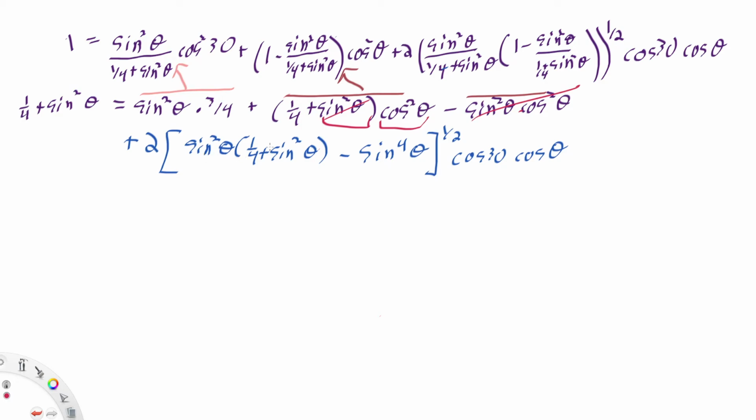And then let's work on this thing in the radical a little bit too. We can factor a sine squared theta out of both of these terms underneath the radical. So we could pull one of those out.